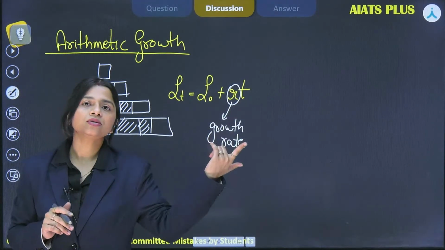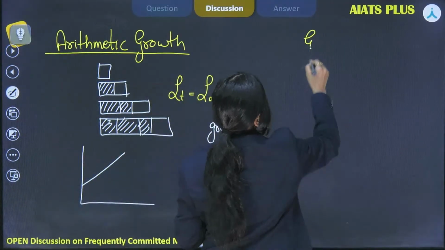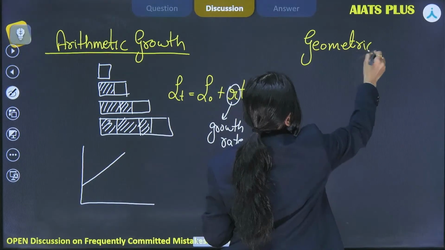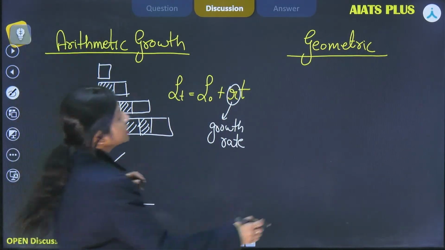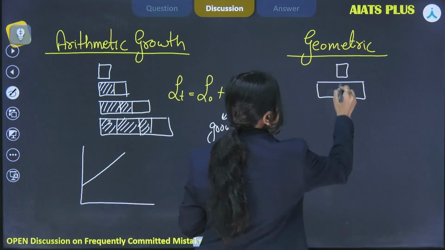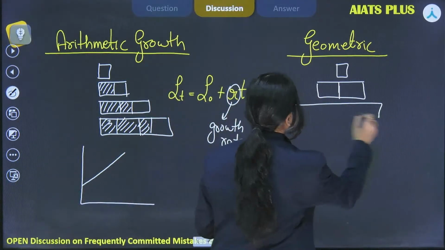Now, this is the arithmetic growth. What happens in case of geometric growth? If we compare it with the geometric growth, we observe in this case that the cell that is giving rise to 2 daughter cells, these 2 daughter cells will further divide into 4 daughter cells, right?